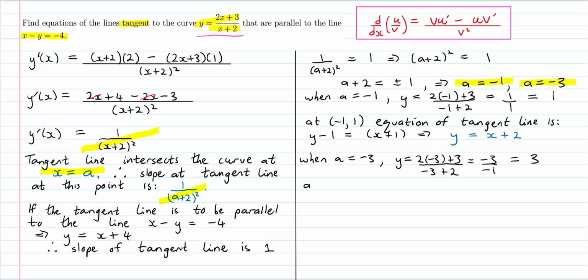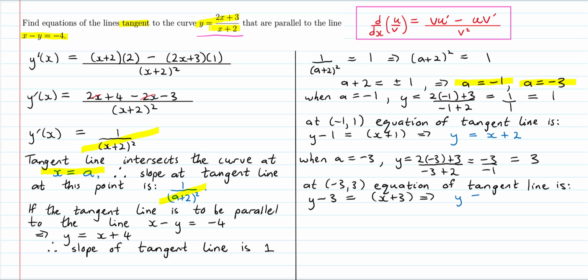So at the point (negative 3, 3), the equation of the tangent line is y minus 3 equals our gradient, which is 1, times x minus minus 3, which is the same as x plus 3. Therefore the equation of our tangent line is y equals x plus 6.